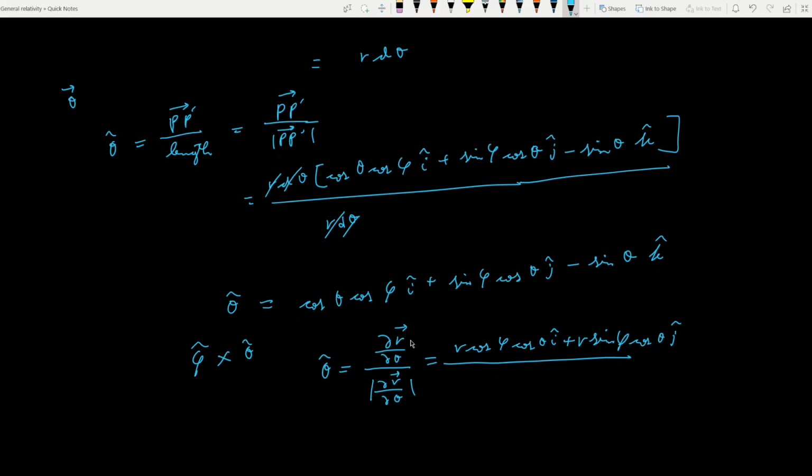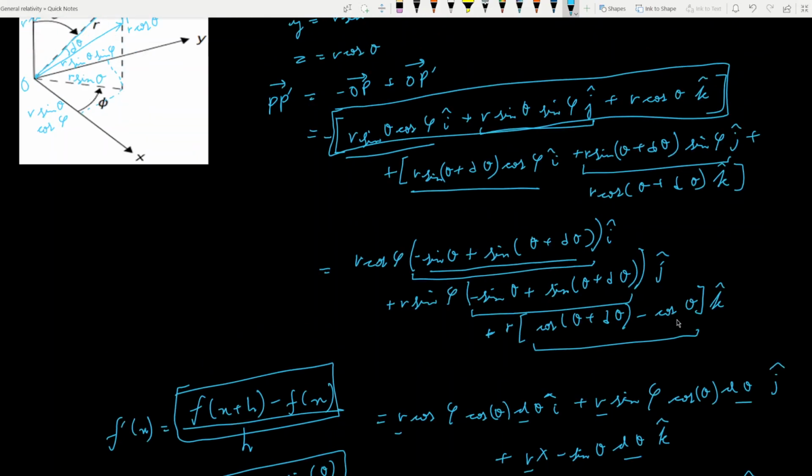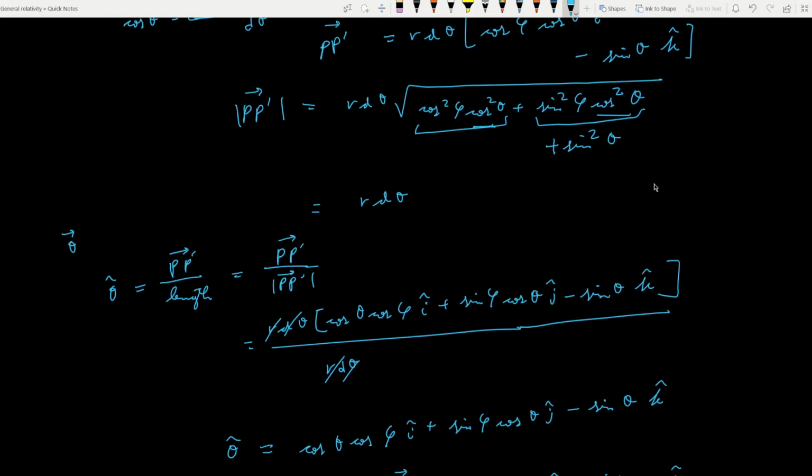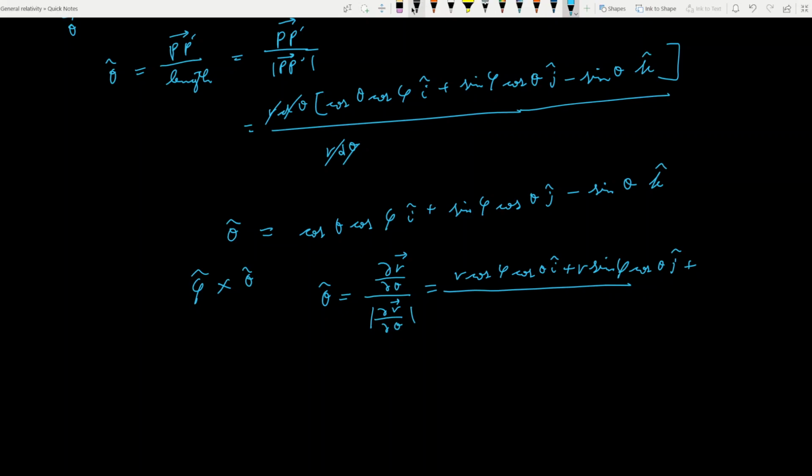Notice we are only doing the partial derivative, so the final term would be minus r sin θ in the k̂ direction. This should be a minus.